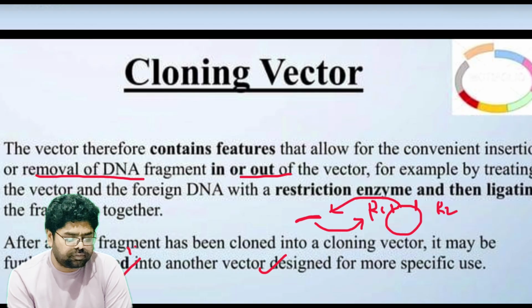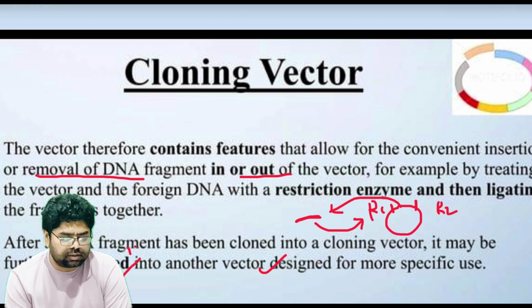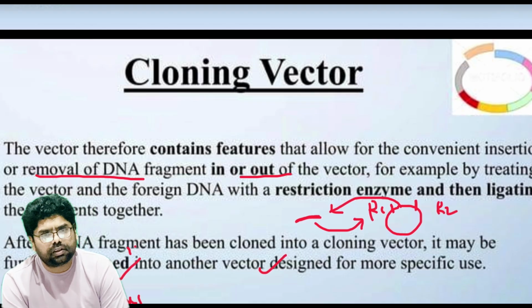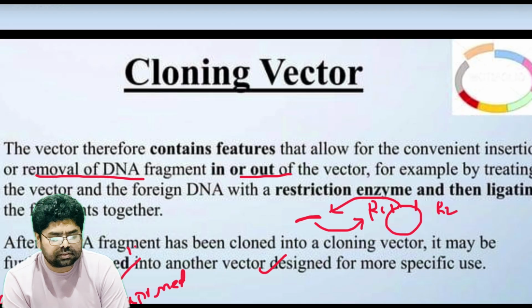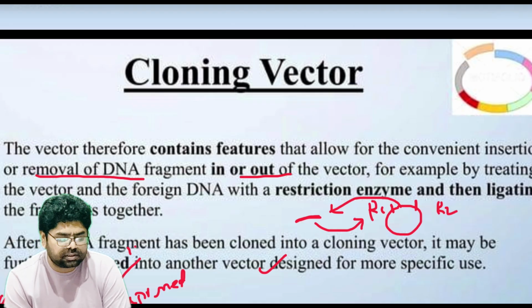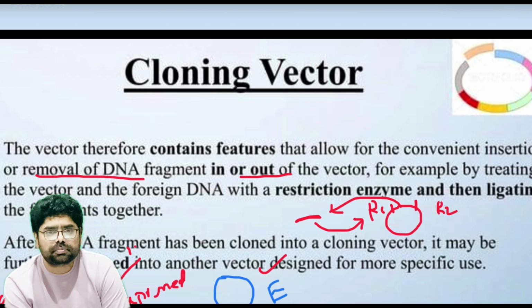Suppose you have a vector here and it contains a particular gene that would express a particular viral protein, and somebody wants to use this gene for another purpose, to be expressed. This time it is not expressing in this vector because this vector is not an expression vector.